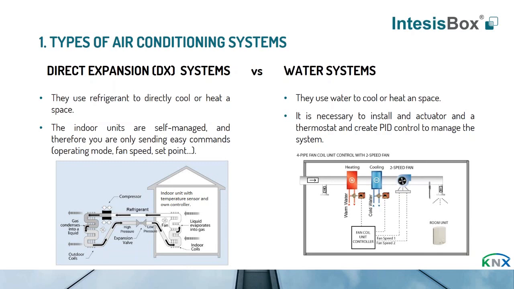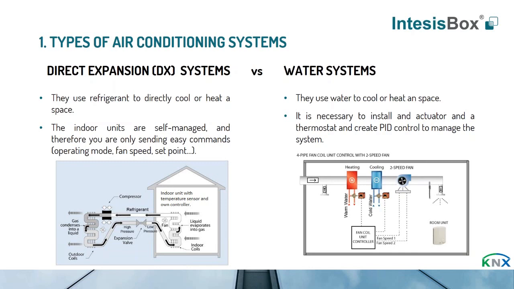So if you see in the two diagrams that I have here in the presentation, in the DX systems, we can see the refrigerant is traveling around the coil, and then this is the medium that offers the possibility to cool or heat the space, okay? As you can see in the indoor unit, which is the section that we can see inside the home, there is a fan that allows to send air inside the space, and the refrigerant is giving the cool or heat need.